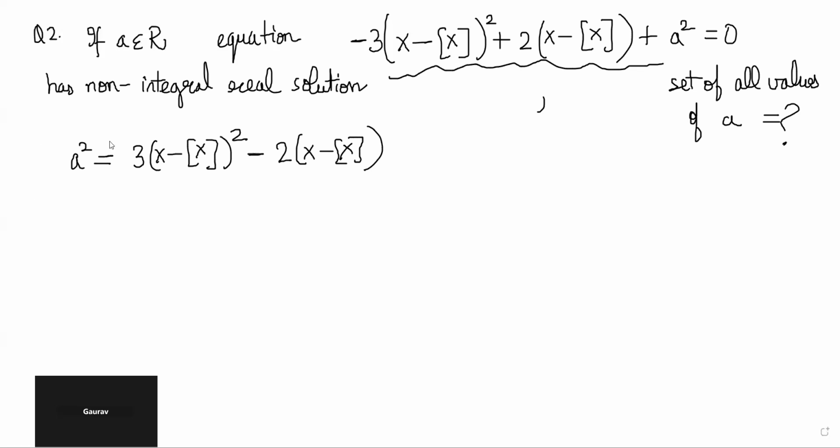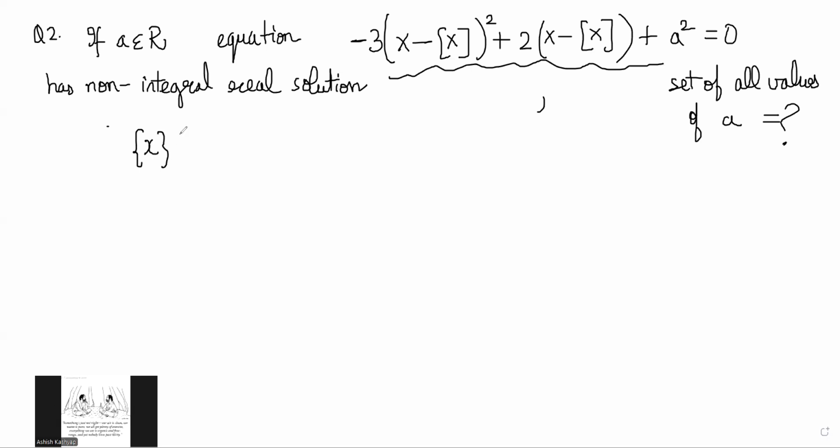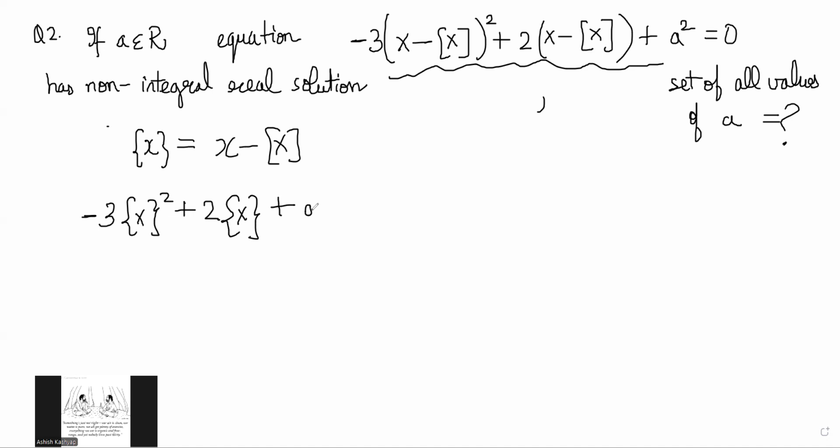We will say x minus floor of x is my variable, so basically the fractional part of x. Fractional part of x is x minus floor of x. So we can write this as minus 3 times fractional part of x square plus 2 times fractional part of x plus a square is equal to 0.